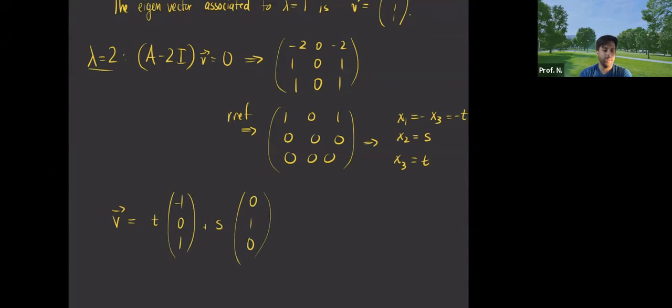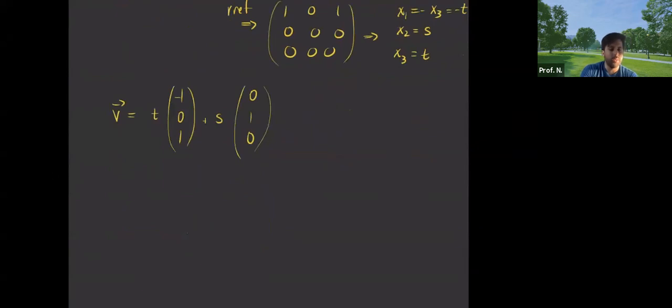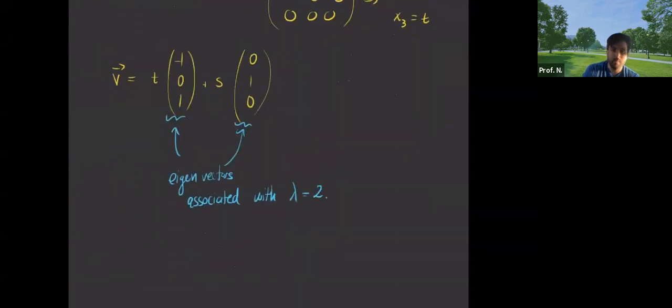So what happens here? I got two eigenvectors. I get two eigenvectors for the price of one eigenvalue. So this here and this here are eigenvectors associated with lambda equaling 2. Alrighty.